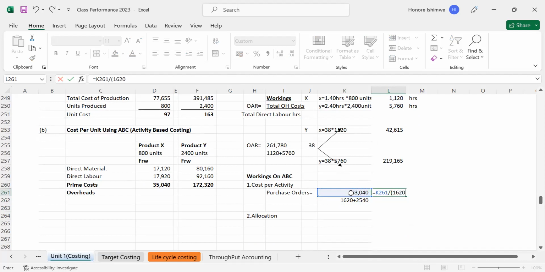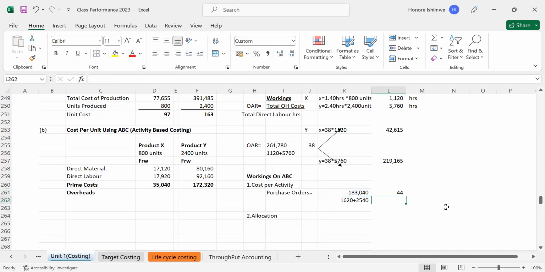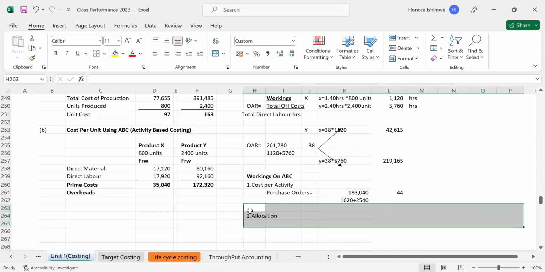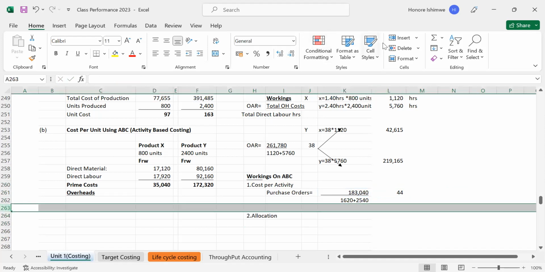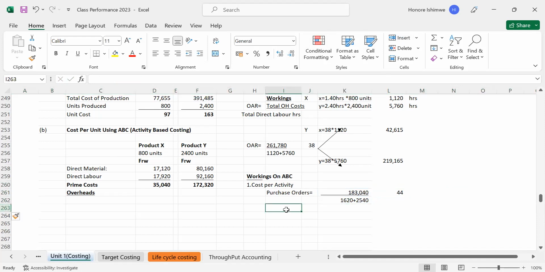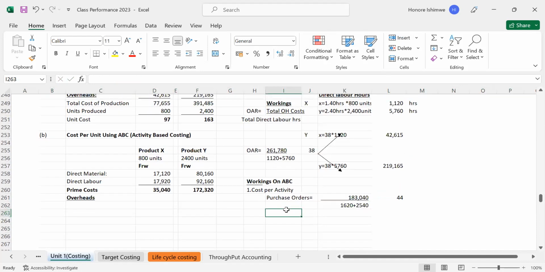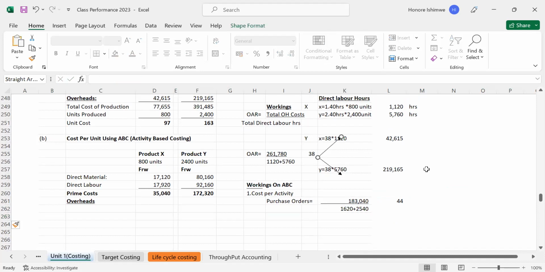This is 1,620 plus 2,540, which is 4,160. This 4,160 is my cost per activity, or cost driver rate. Okay, let me first do the allocation.